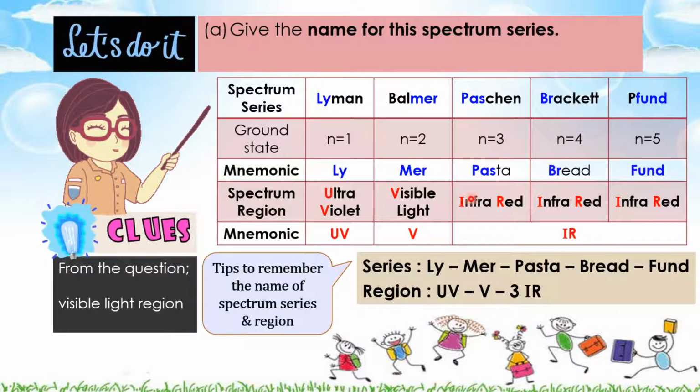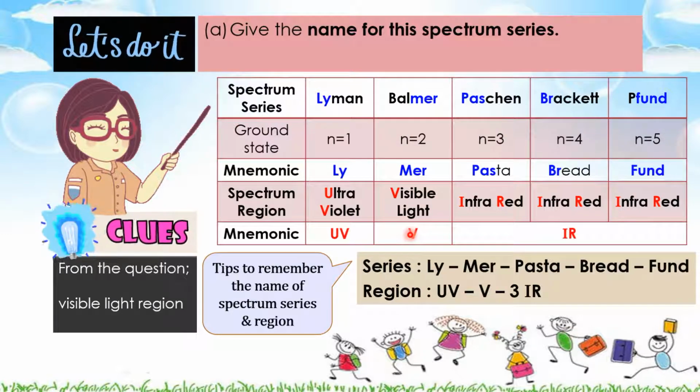Pfund series. Then you have to remember also the ground state. Lyman is n equals to 1, Balmer n equals to 2, Paschen n equals to 3, Brackett n equals to 4, and Pfund is n equals to 5. You also have to remember the spectrum region. Lyman is in the UV or ultraviolet region.